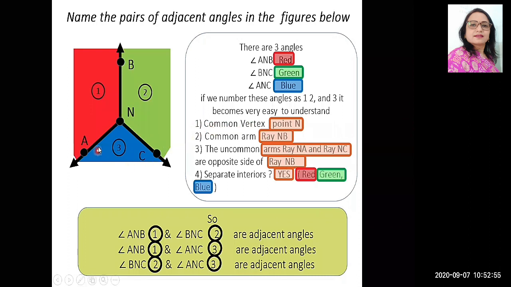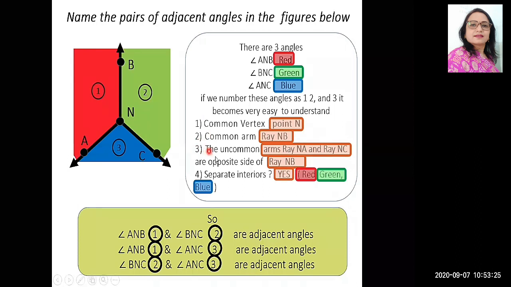Do they have a common vertex? Yes. Point N is the common vertex of angle 1 and angle 2. The second condition is common arm. Angle A and B and angle B and C have a common arm, that is ray NB. So the second condition is also fulfilled.